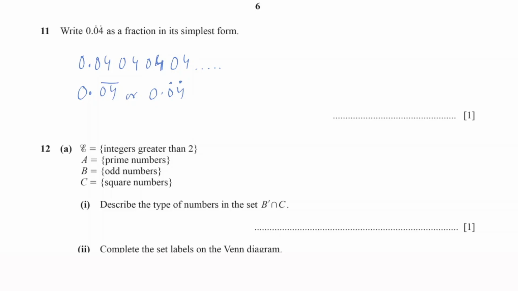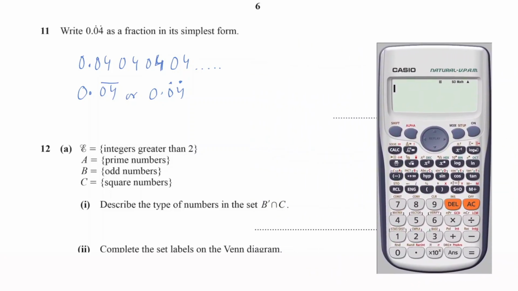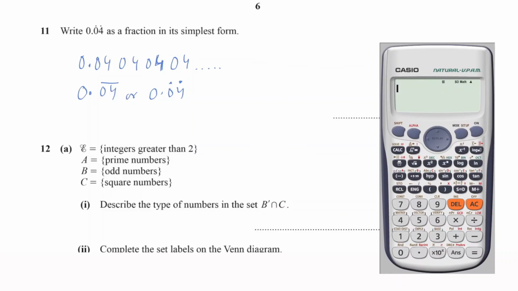So how to write this in fraction form? Because it is a one mark question, we are not going to waste time on it. We can directly use a calculator for this. Very easily we can do it. Because 0.04 is being repeated, we'll write it in our calculator like that. 04, you write around 10 to 11 times or more, till you get the fraction format.